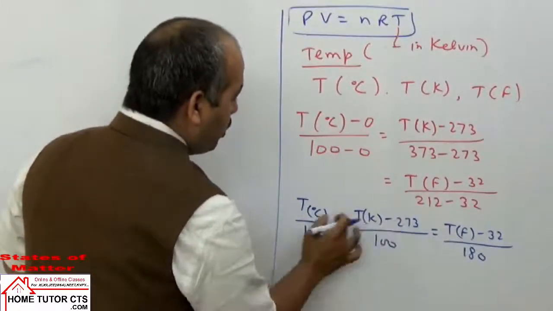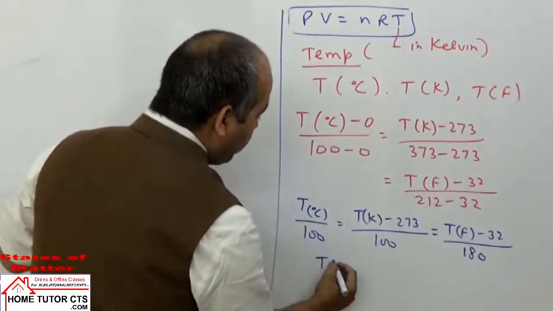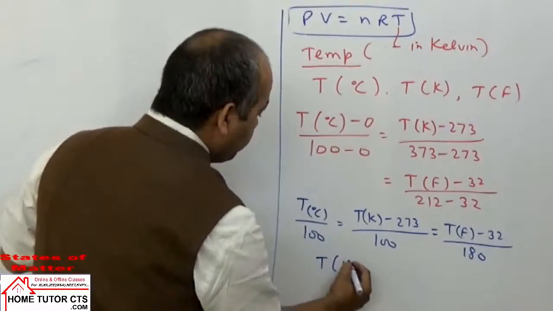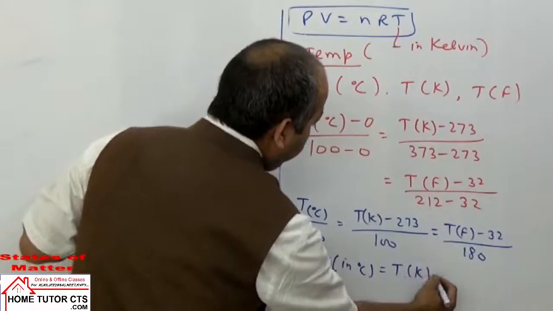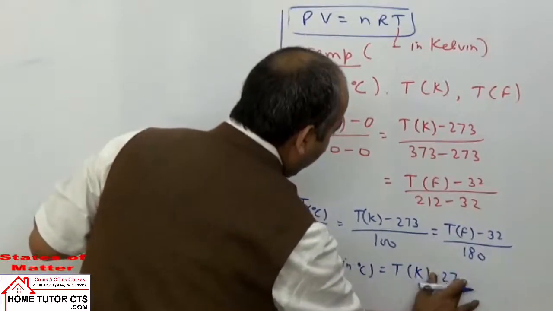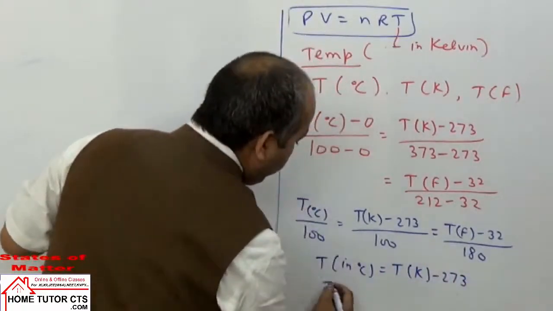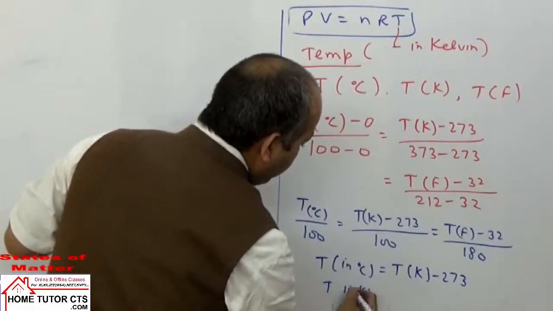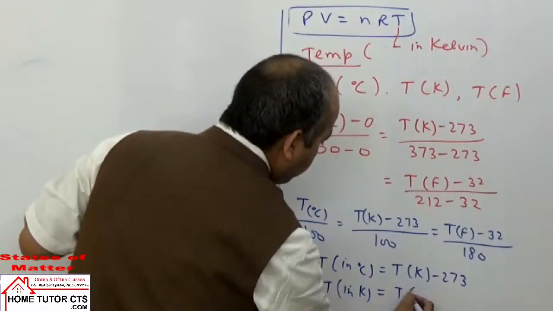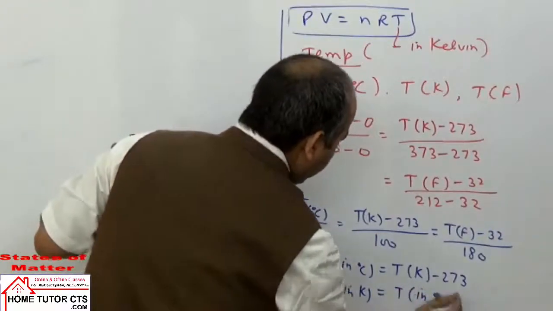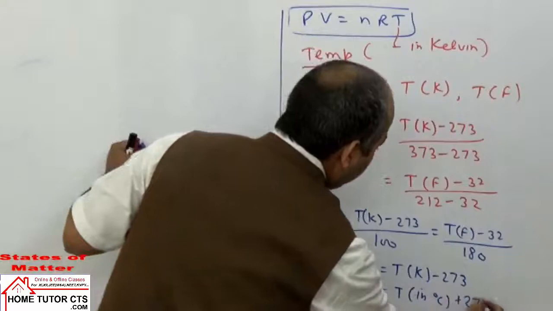Most commonly these two scales are used. Temperature in degree Celsius will be temperature in Kelvin scale minus 273, or we can write temperature in Kelvin scale is equal to temperature in degree Celsius plus 273.